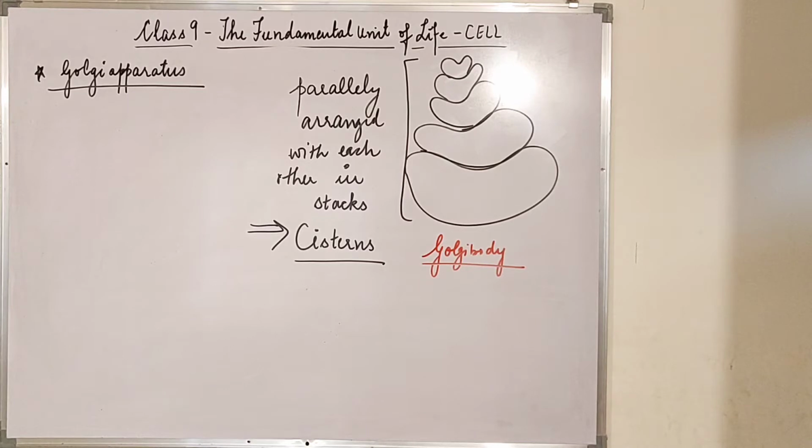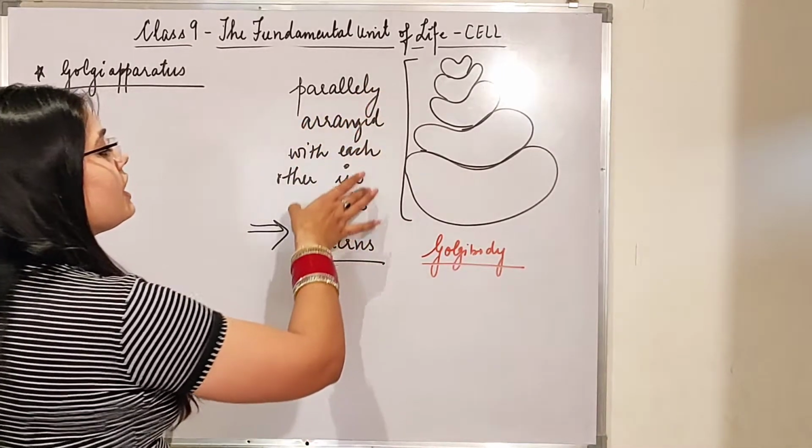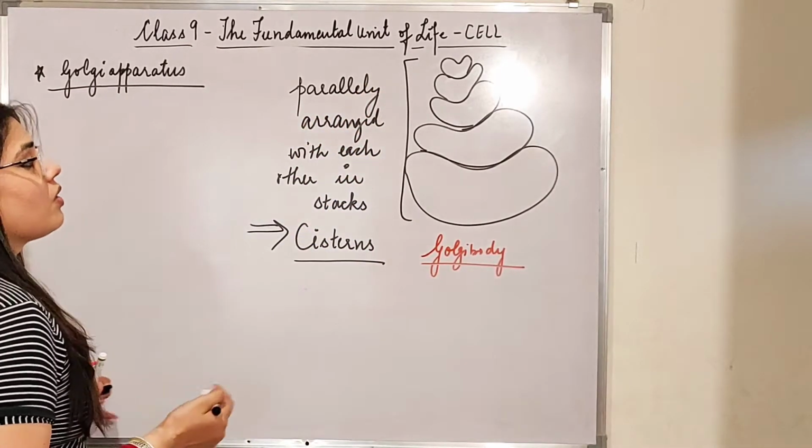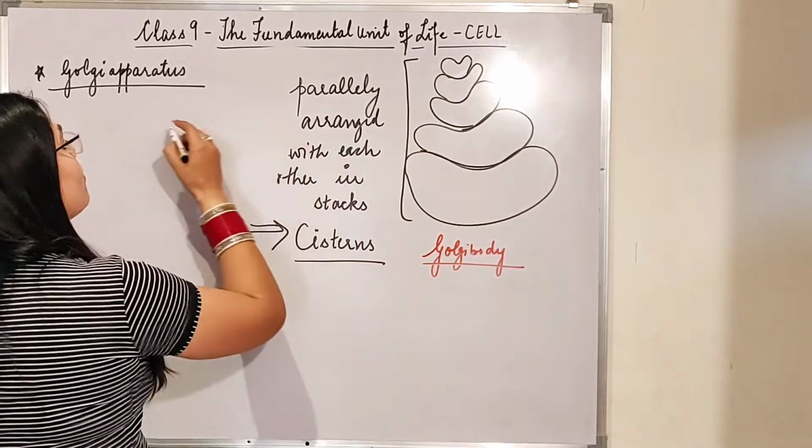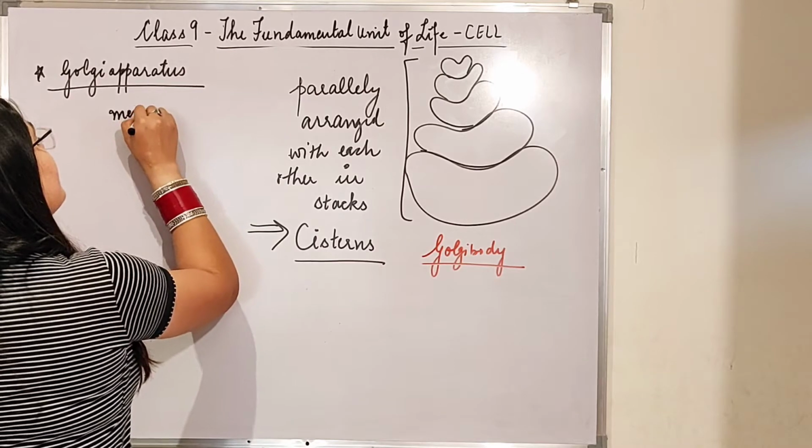So it has a system of membrane bound vesicles, right? They are parallelly arranged with each other in stacks. It has a network of what, beta? Membrane bound vesicles.